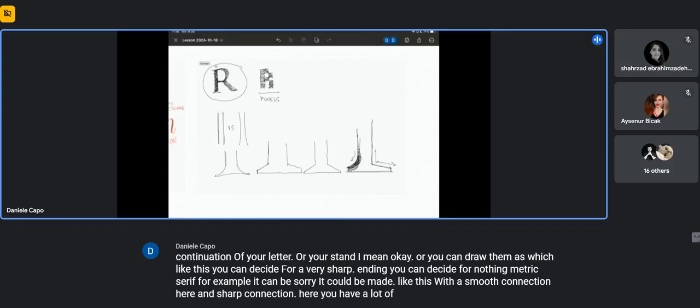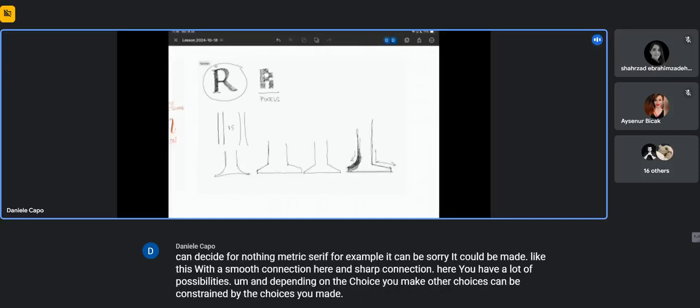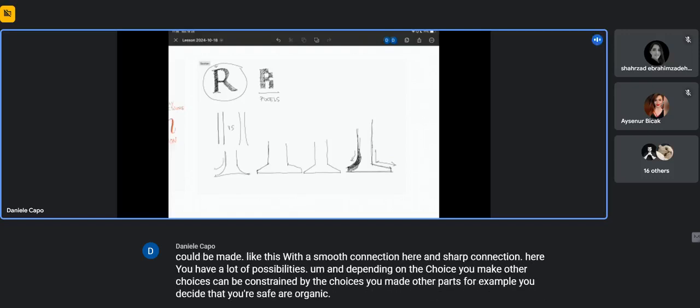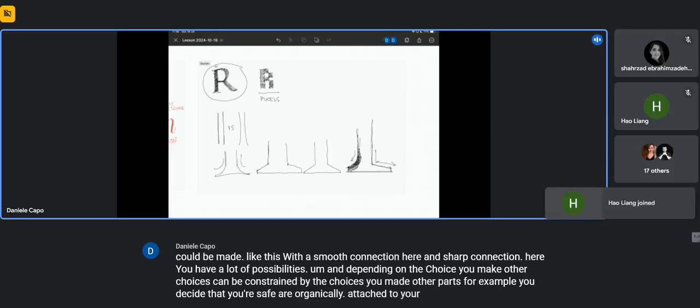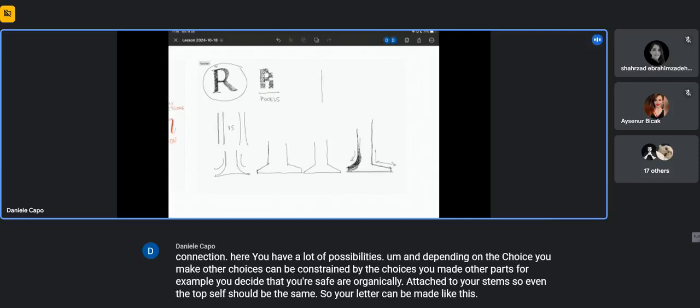You have a lot of possibilities. The choices you make can constrain other choices. For example, you decide that your serifs are organically attached to your stems, so even the top serif should be the same. So your letter can be made like this.